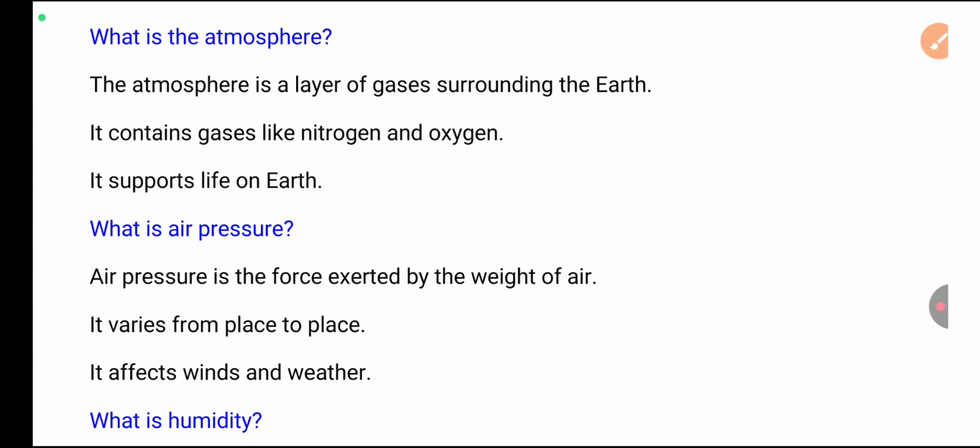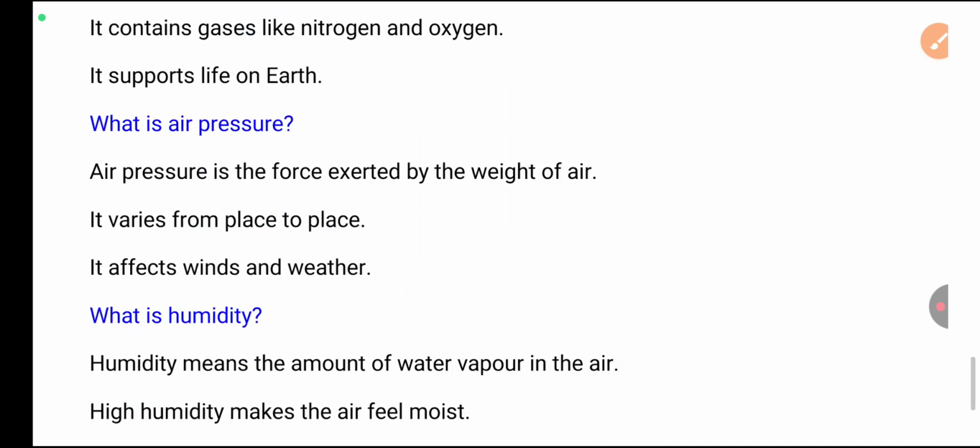It supports life on earth. The atmosphere has 5 layers, and it contains different types of gases, such as nitrogen and oxygen. It supports life on the earth and supports human beings also.